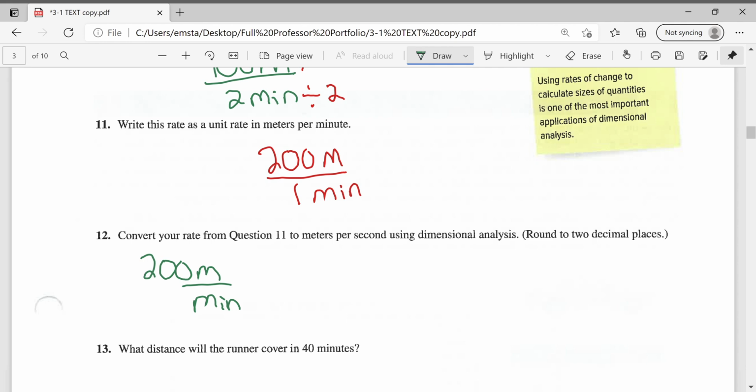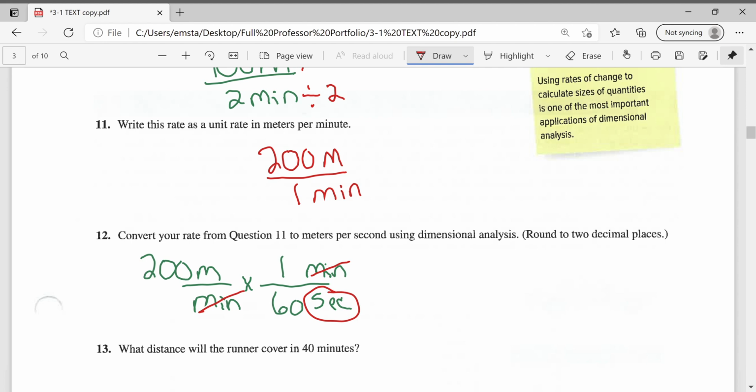Recall from the previous chapter that if minutes is on the bottom, to make it cancel out, I've got to put minutes on top. And I'm going to put seconds on the bottom. I know that there are 60 seconds in 1 minute. Now, if you look at what happens, my minutes cancel out and I'm left with seconds.